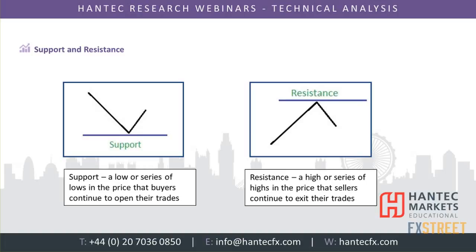A move above resistance shows a new willingness to buy or a lack of incentive to sell. The resistance subsequently breaks, and we see new highs indicating the buyers have increased their expectations and they're willing to buy at even higher prices.